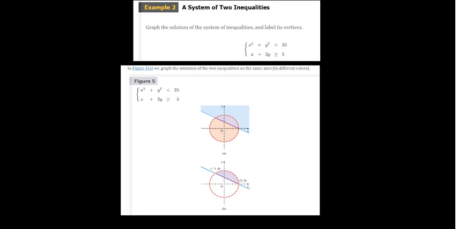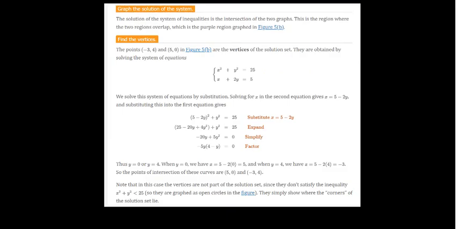So in this particular case, since this is a system of inequalities, the shaded area will be where those two shaded areas overlap. And they overlapped right here in this region. Green will work. We shaded right there in that region where they overlapped.